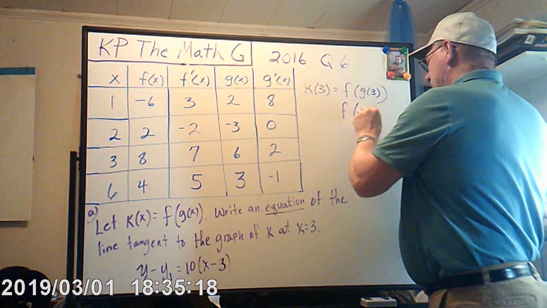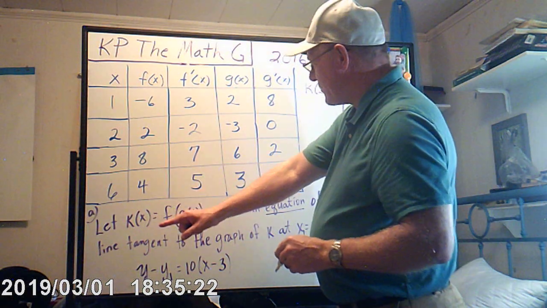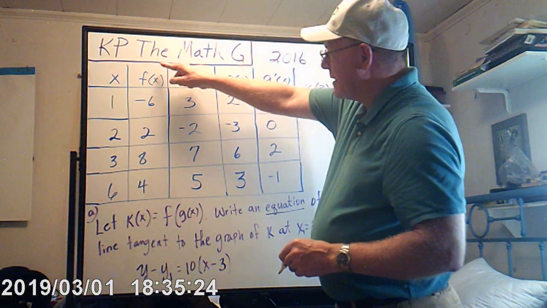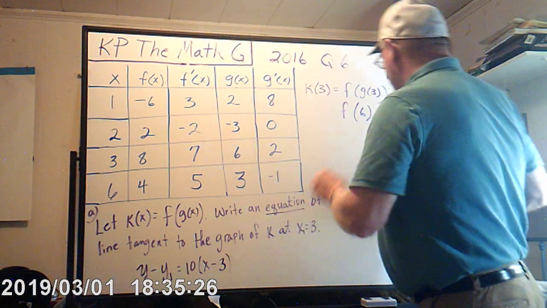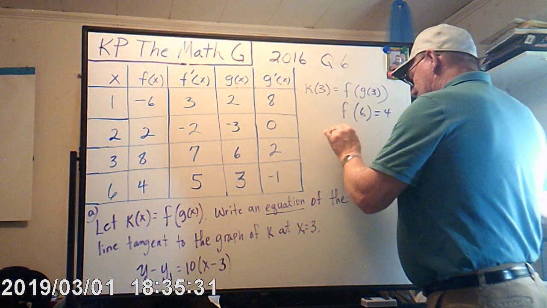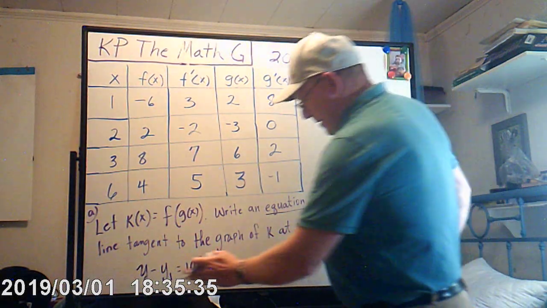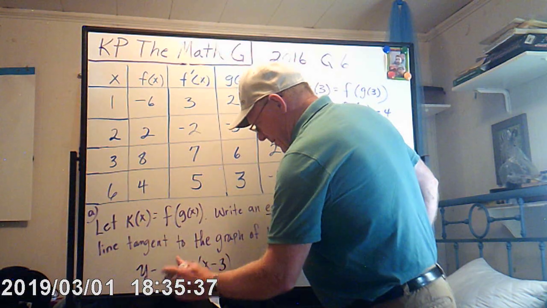Alright, 6. And f at 6 is 4. Alright, so now I have all the ingredients. This is y1 is 4. So now this is 4.